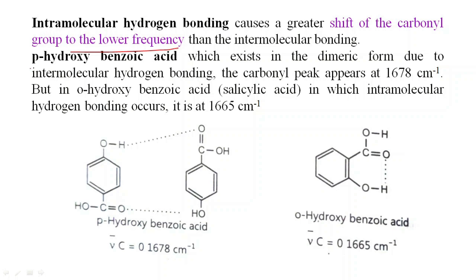When we consider the example of para-hydroxybenzoic acid, which exists in dimeric form, this is the dimeric form of para-hydroxybenzoic acid. The carbonyl stretching frequency or the wave number value is 1678 centimeter inverse.